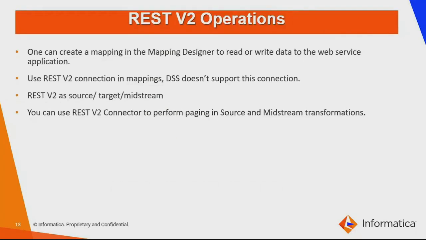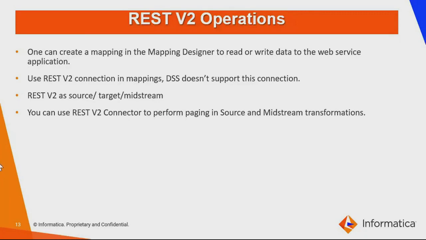REST V2 operations. You can create a mapping in the mapping designer to read or write data to the web service application that you are looking to integrate with. You can use REST V2 connection in mappings. DSS task doesn't support this REST V2 connection.